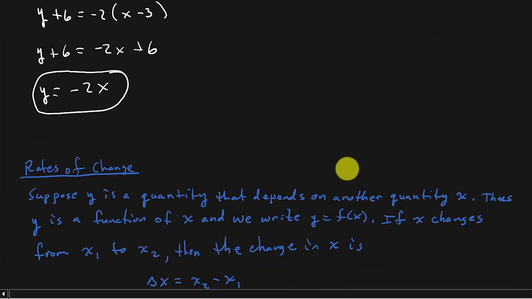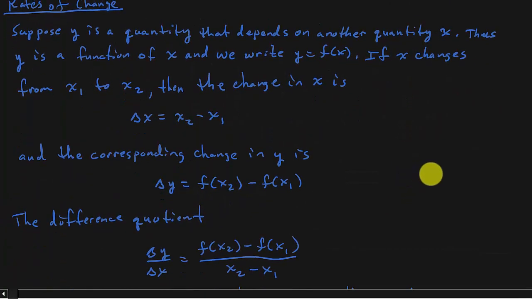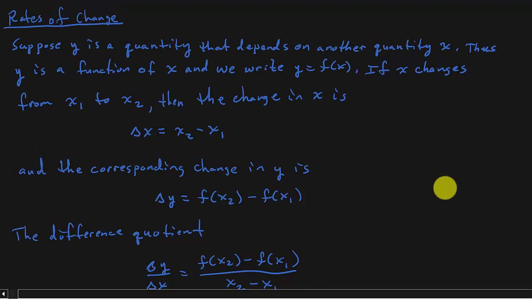Okay. So we've got some stuff here. Let's see, rates of change. So suppose y is a quantity that depends on another quantity x. Thus, y is a function of x, and we write y equals f of x. If x changes from x1 to x2, then the change in x, we use delta x equals x2 minus x1, and then the corresponding change in y is delta y equals f of x2 minus f of x1.